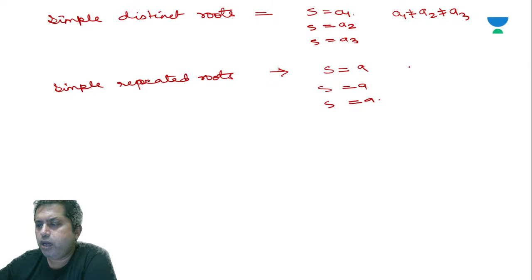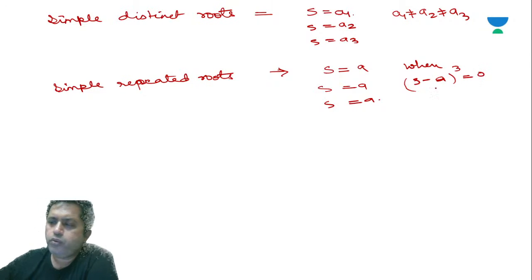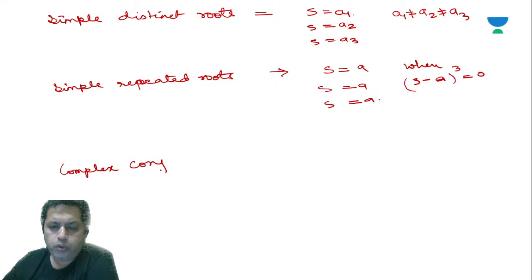So this will occur when (s minus a) whole cube is equal to 0. So these are repeated roots. Next is complex conjugate roots.